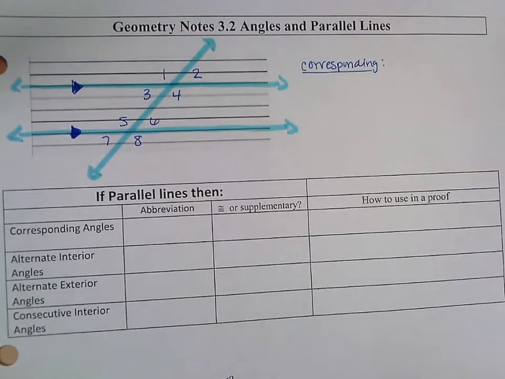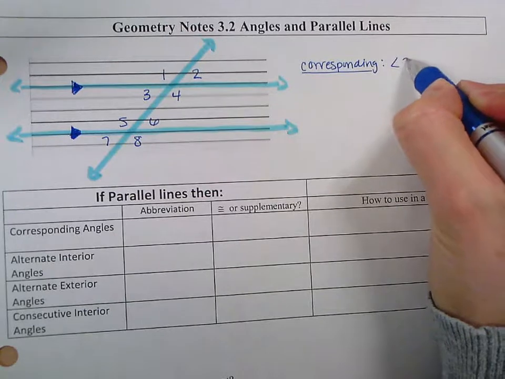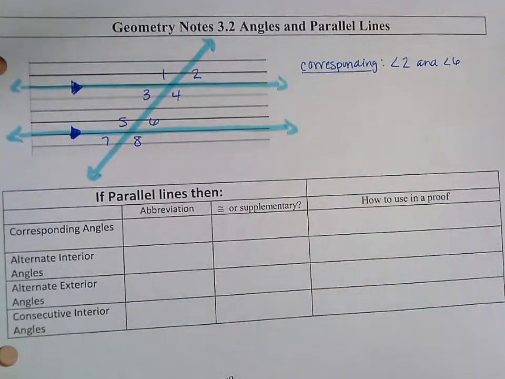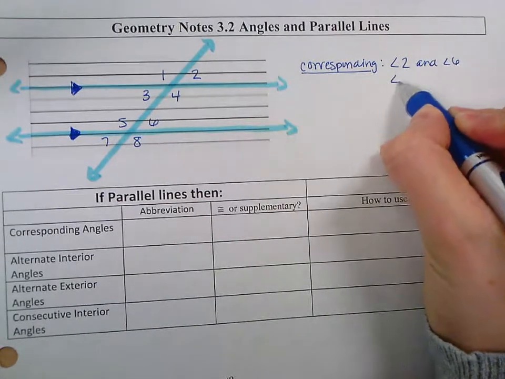Can somebody give me a pair of corresponding angles based on this picture? So two angles that would be considered corresponding angles. Angela? 2 and 6. Can anybody give me another pair of corresponding? Ben? 1 and 5 are also corresponding.